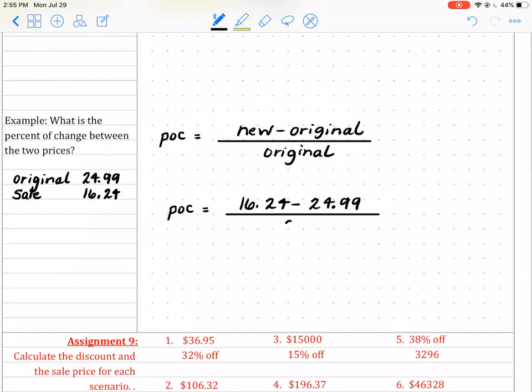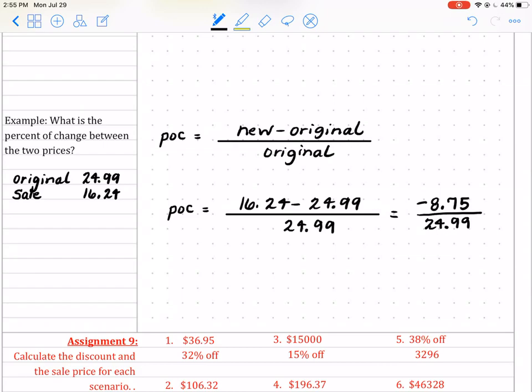So $24.99 is still the original. That did not change. Go ahead and do the math. 16.24 minus 24.99 equals, and notice what we're coming up with. We're kind of working backwards. Does that 875 look familiar? And then divide by 24.99.